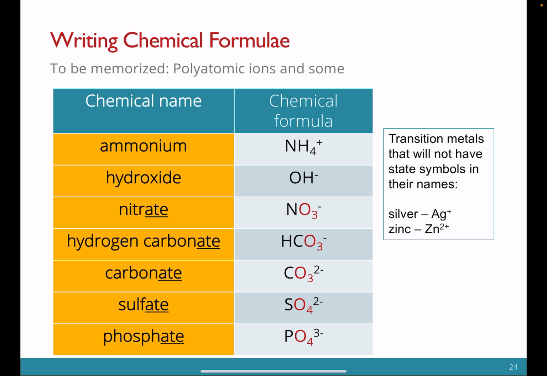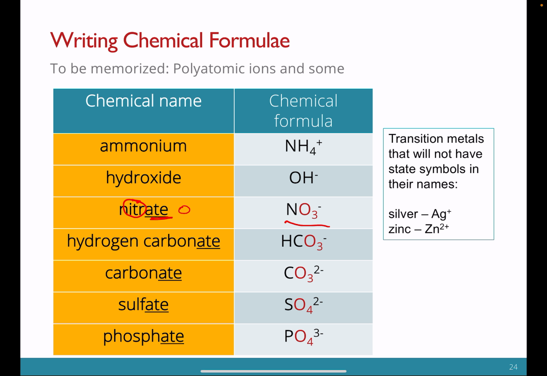This is because when you see the name of an ion ending with ATE, you will know that it is a combination of that particular element, in this case nitrogen, with oxygen. So therefore, nitrate is a combination of nitrogen and oxygen to form a polyatomic ion.